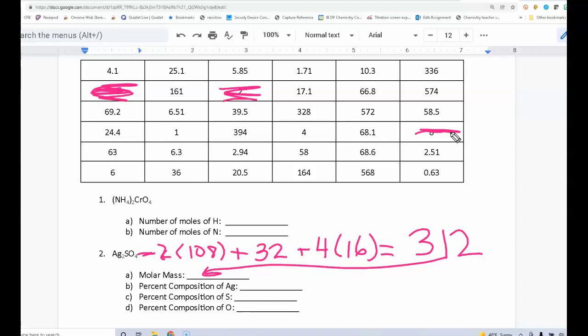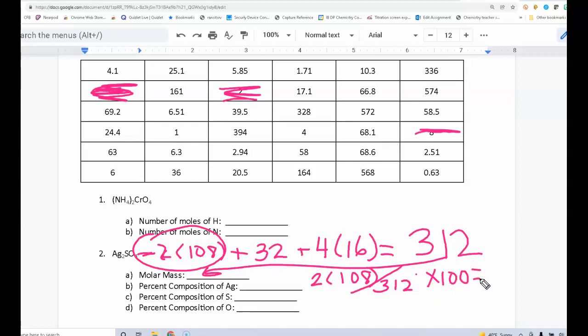So now I'm ready to move on to percent composition of the Ag. And to get just the percent composition of the Ag, I need to take the part that is the Ag. So this is the part that was the Ag, and I need to divide it by the 312. So that means I have 2 times 108, and I'm going to divide that by 312, and I'm going to remember to multiply that whole thing by 100.